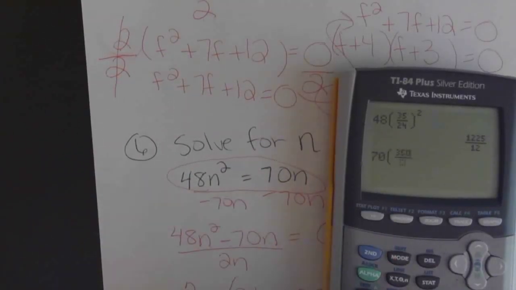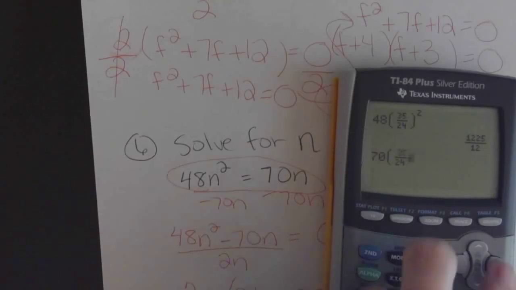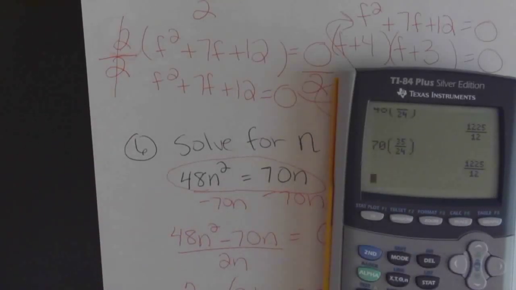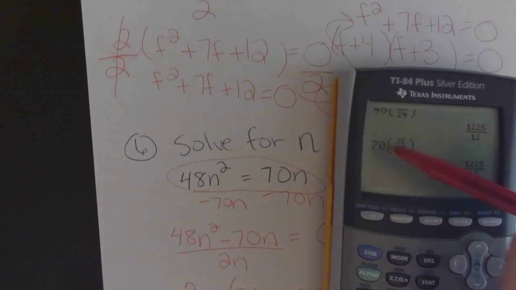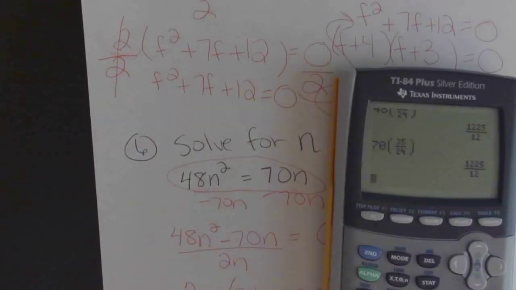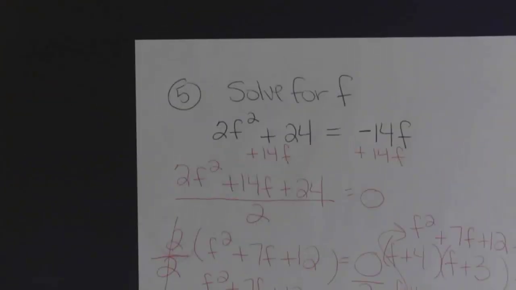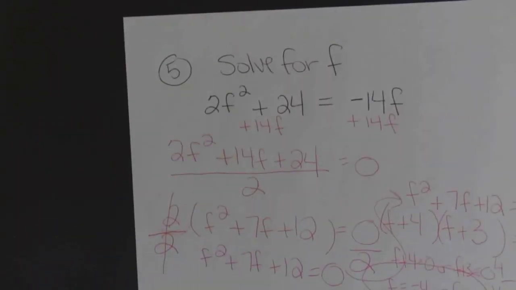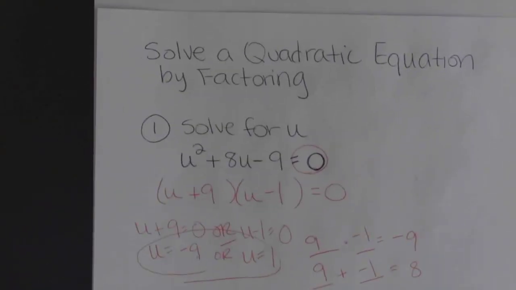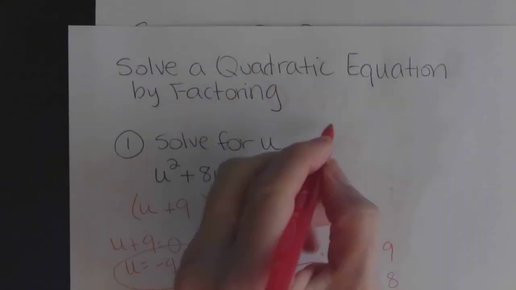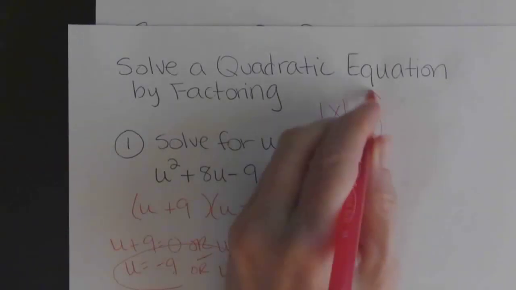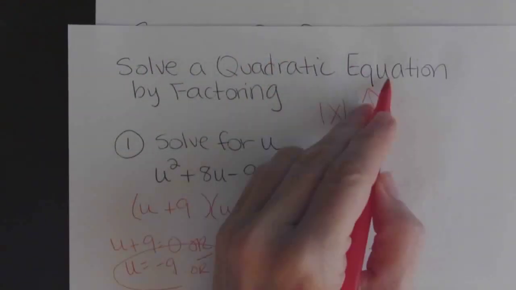That is that nasty fraction, 1225 over 12. Now let me do the right side. 70 times 35 over 24. Get the same thing. So even though it's ugly, this value of n makes both sides equal, and that's what we wanted. So there you have it.